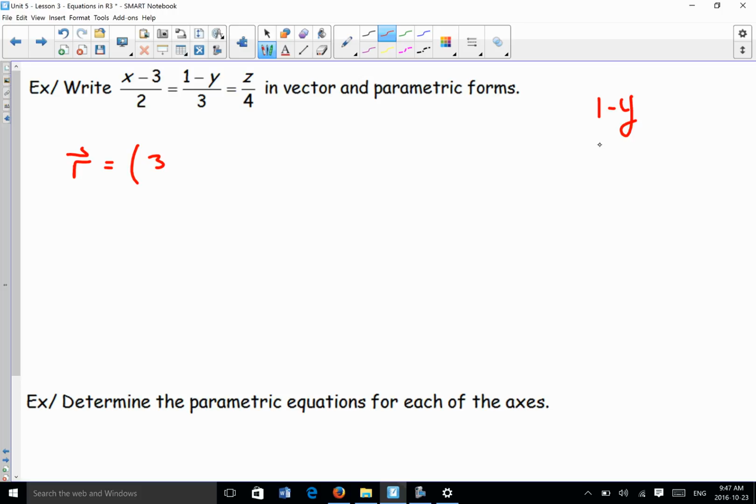This is like saying negative 1 minus y, negative 1 plus y. And so our opposite sign is a 1 there. And here we have a 0. Our direction vector is 2, 3, and 4.